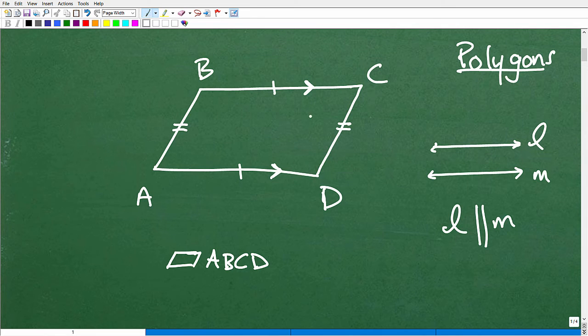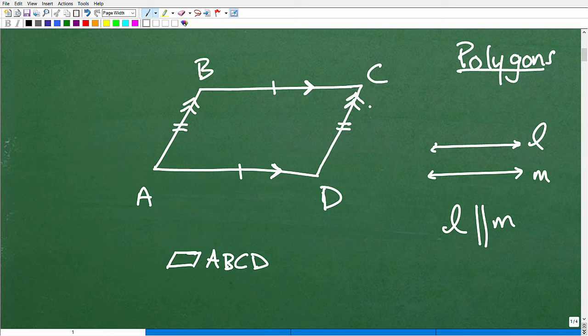These two opposite sides here are also parallel. I would not put just an arrow like this, because that would say this is parallel to this, and it clearly isn't. So we have to put two little arrows like so. Again, a lot of notation.